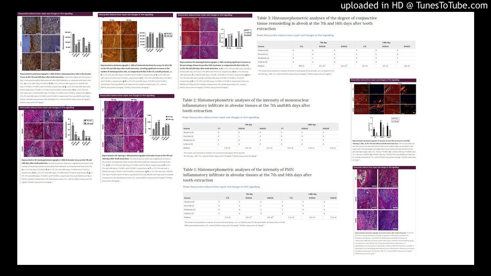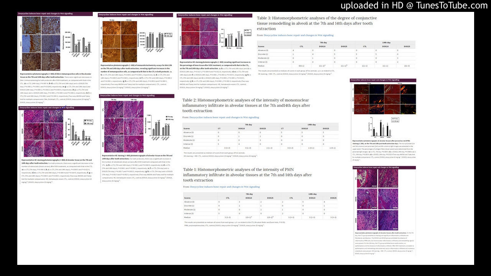Full-size image. Qualitative and quantitative analyses of osteoclasts. Figure 4 shows representative photomicrographs of alveolar tissues from the 3 study groups, indicating the presence of osteoclasts on the 7th and 14th days after tooth extraction.